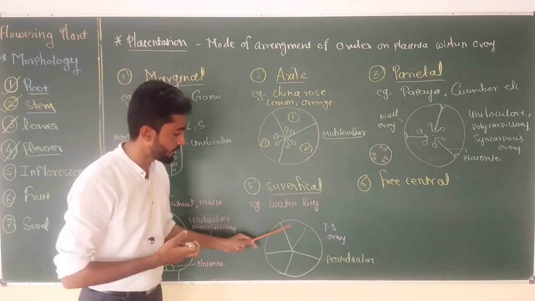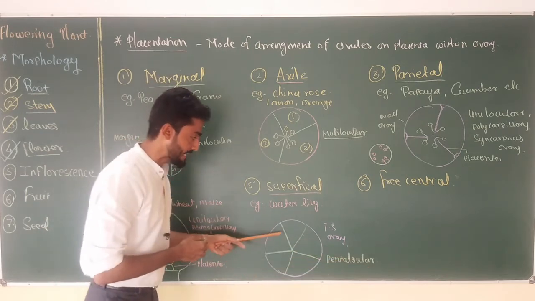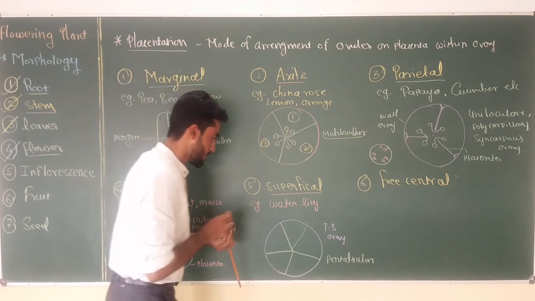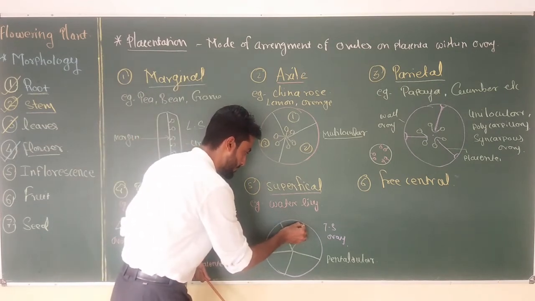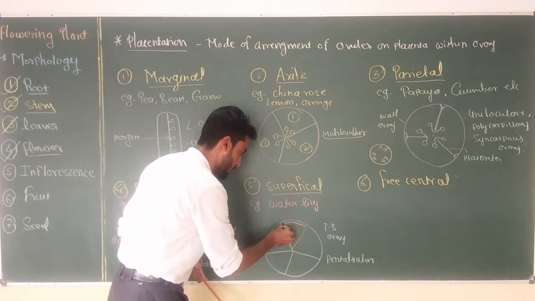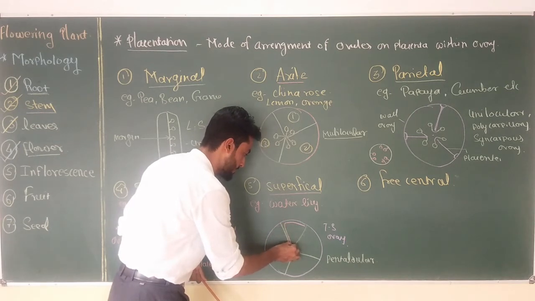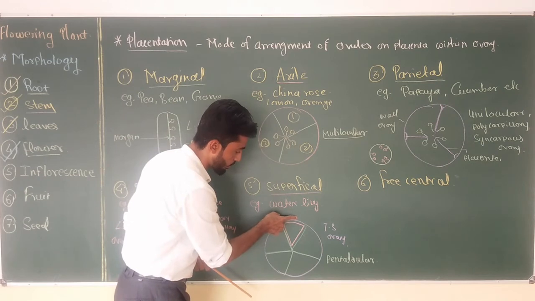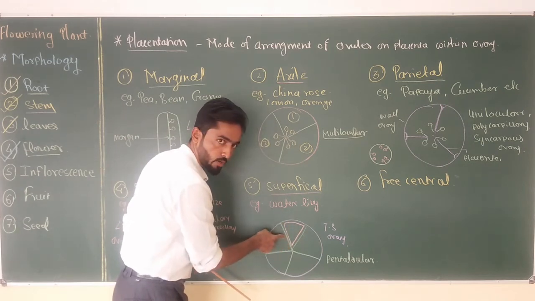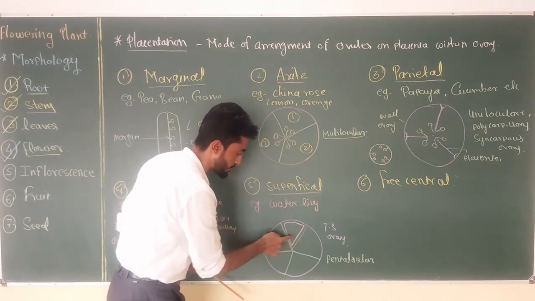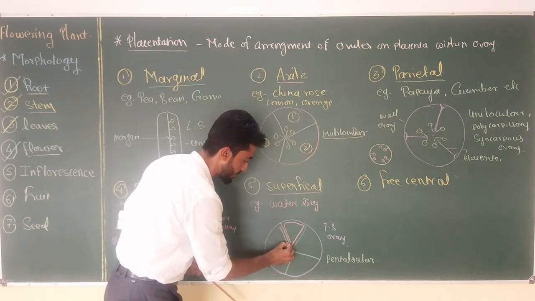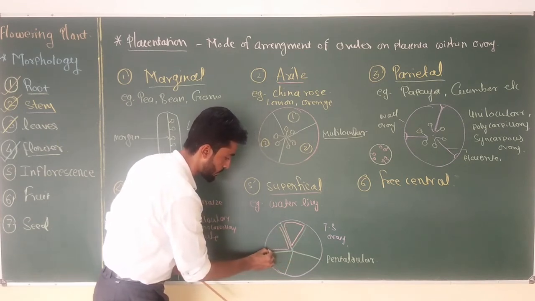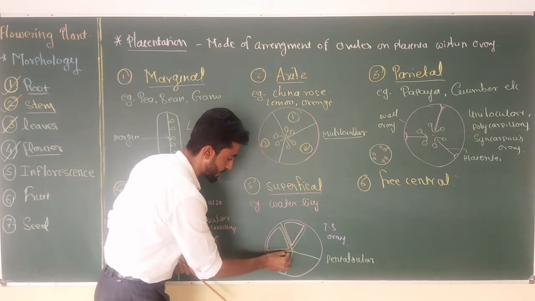So ovary has 5 different chambers, and now each chamber shows placenta. And the placenta grows like this. That means you can find placenta on the outer wall of the ovary and on the side wall of the chamber of the ovary. So similar growth of the placenta is found in each compartment.